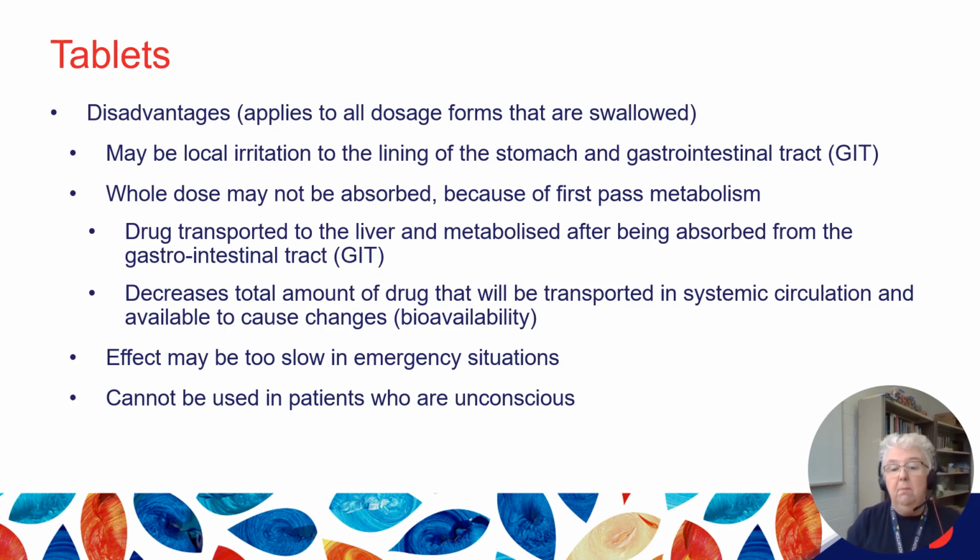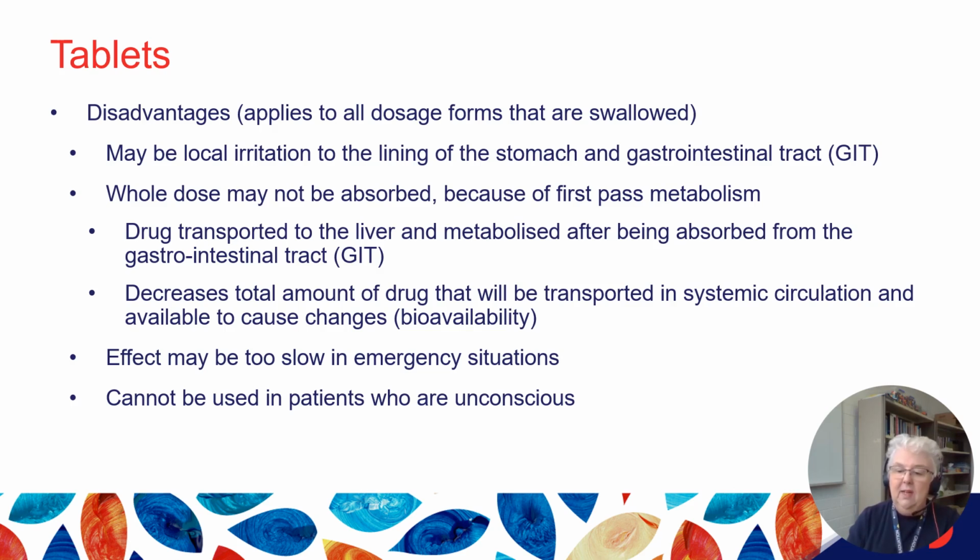The whole dose might not be absorbed from the tablet because of first pass metabolism. And you'll learn more about this in pharmacology next year. But when you take the dose, the drug gets into the bloodstream and it goes to the liver and it's metabolized in the liver.